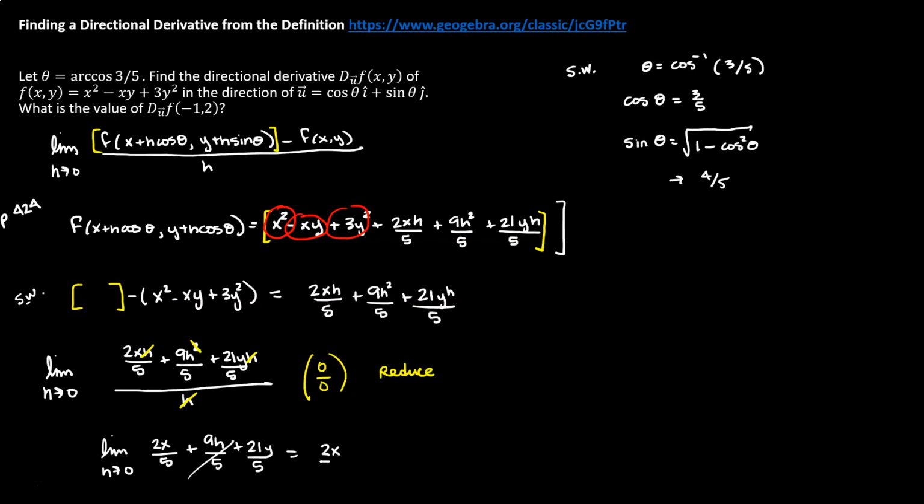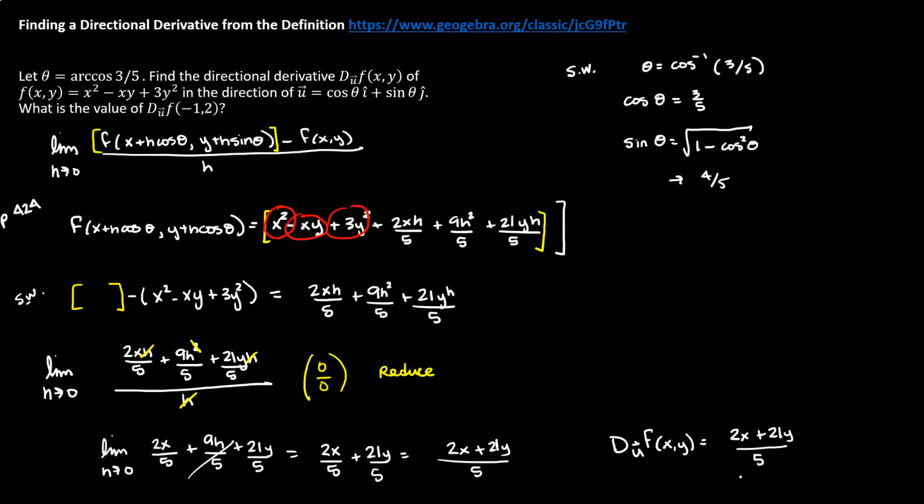Then we have 2x over 5 plus 21y over 5, or rather 2x plus 21y all over 5. This is our directional derivative. So the derivative in the direction of u of the function f looks like 2x plus 21y all over 5.